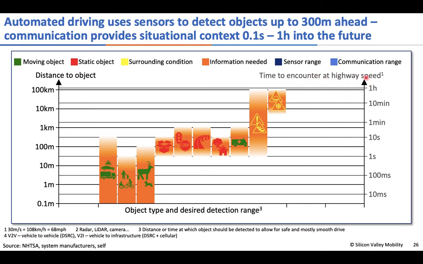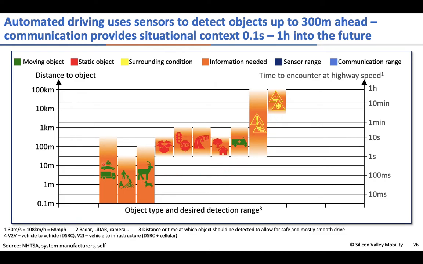And depending on how fast you drive, you see here the time, since the factor between distance and time is speed. What's the time you want to know about it? If you know 10, 20, 30 minutes in advance that you're getting to an icy patch, that's probably still good enough. Some are much more detailed, maybe just a few minutes, so you know that in the next curve there's going to be ice. So you get the point.